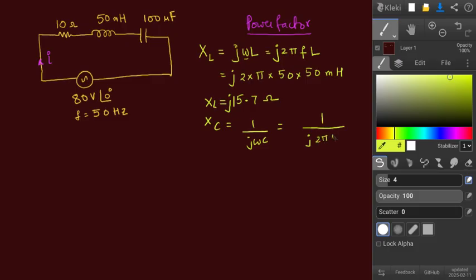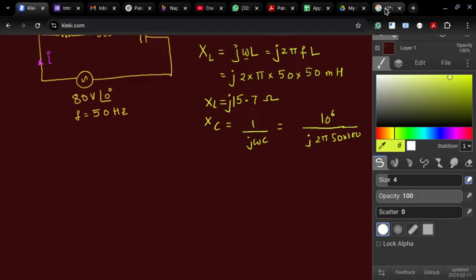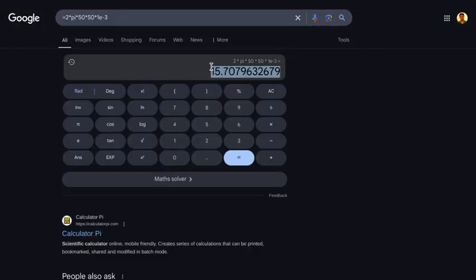2 pi into frequency, which is 50, and C is 100 micro. The micro I can take to the numerator, so it becomes 10 to the power of 6. Let me calculate this. 1 divided by 2 into pi into 50 into 100 into 1e minus 6. Did I make anything wrong here?